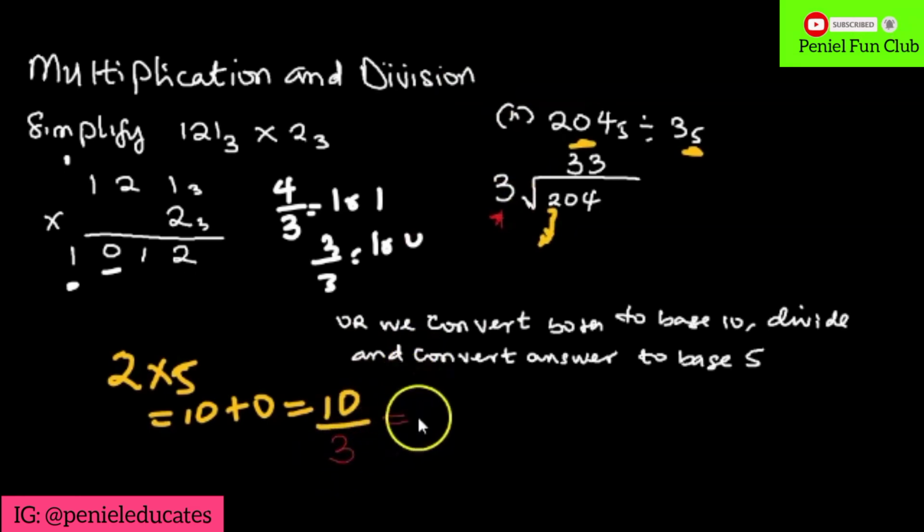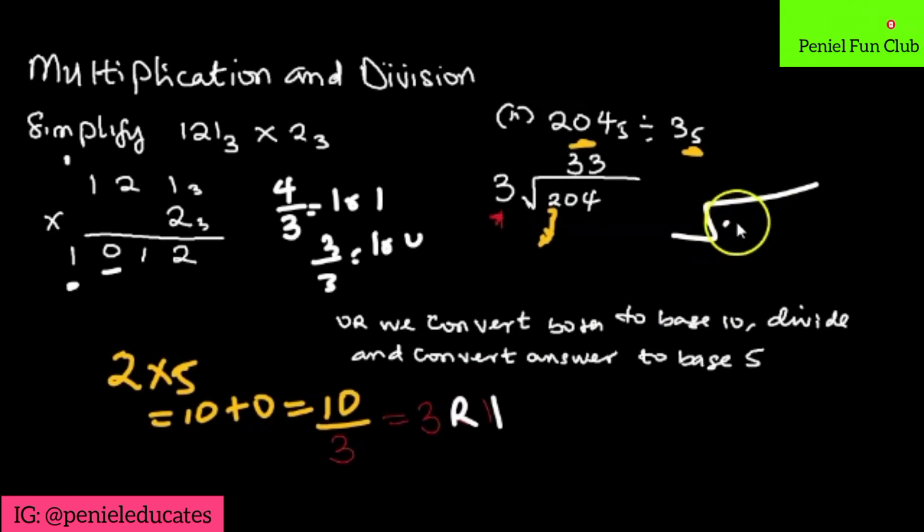Once you do that, it's going to give us 3 remainder 1. So what do we do with this 3 remainder 1? The number is 204.